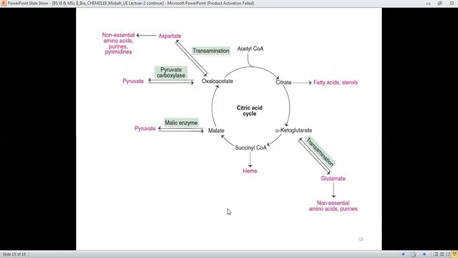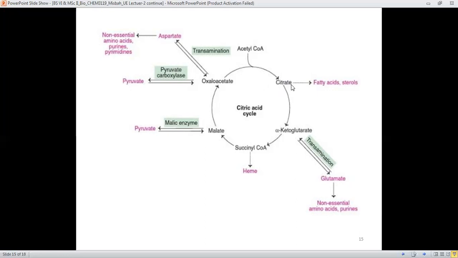Here is an elaborated picture of the reactions which are responsible for using the intermediates of the citric acid cycle, and the other reactions which are responsible for replenishing and filling up the intermediates. Starting from here, acetyl CoA enters the cycle and reacts with oxaloacetate to give citrate.